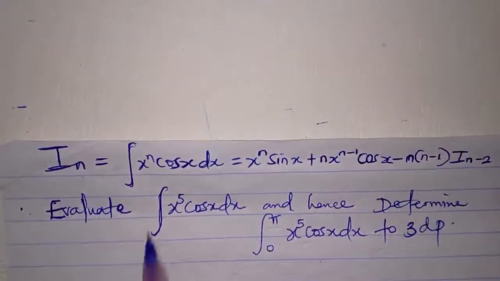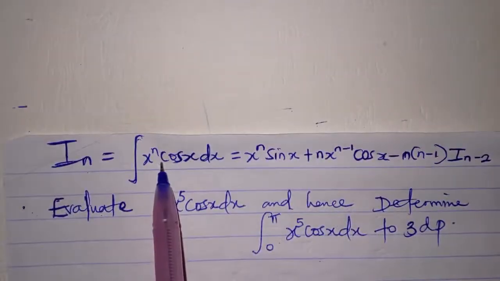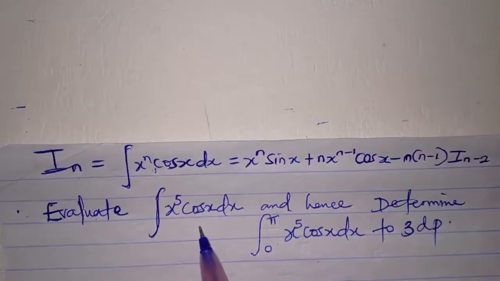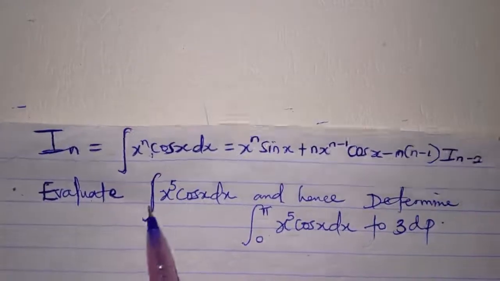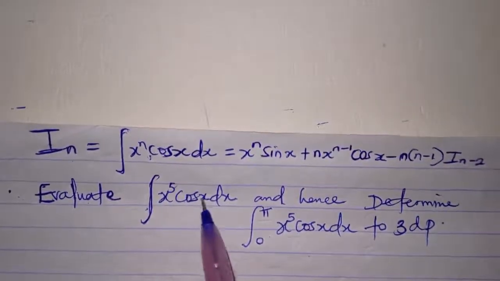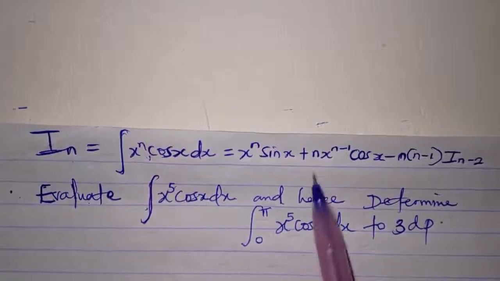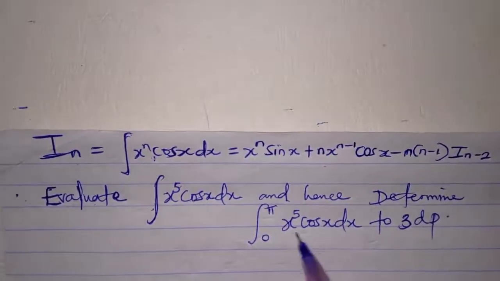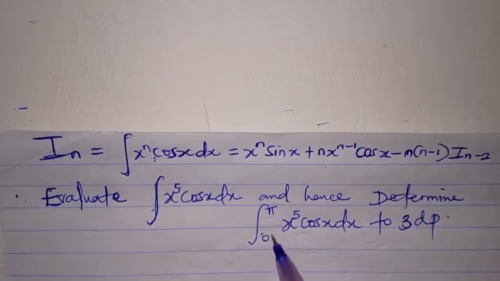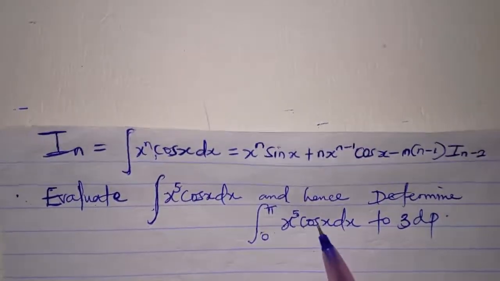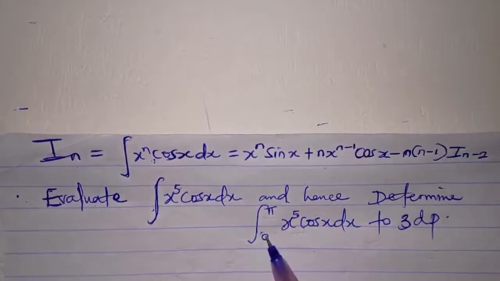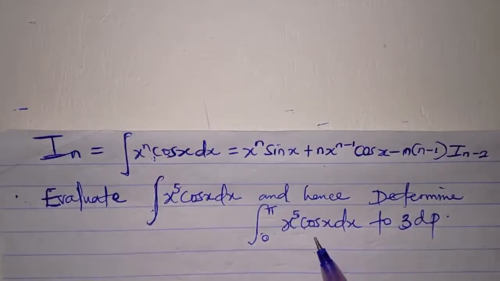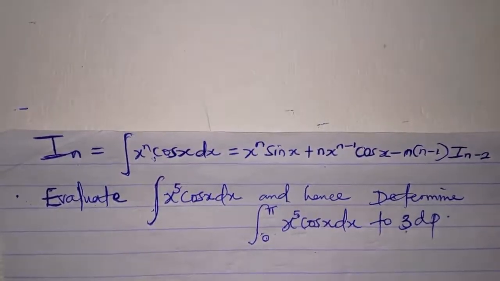Having derived the reduction formula for this integral, we now go ahead to determine the integral of x to the power of 5 cos x dx using the reduction formula, and hence we will determine the definite integral of x to the power 5 cos x dx from x equal to 0 to x equal to pi, correct to 3 decimal places.